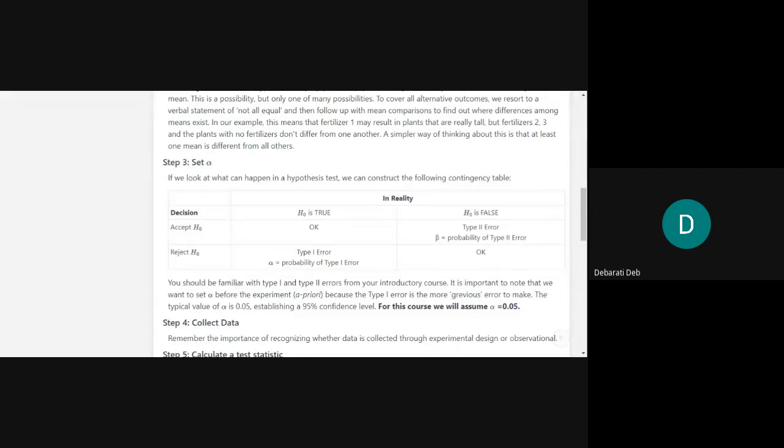I'll teach you how to apply this 0.05 and 0.01. But for now, understand that step 3 is to identify the value of alpha, that is the level of significance. We normally take the value of alpha as 0.05, that is the 95% confidence limit.